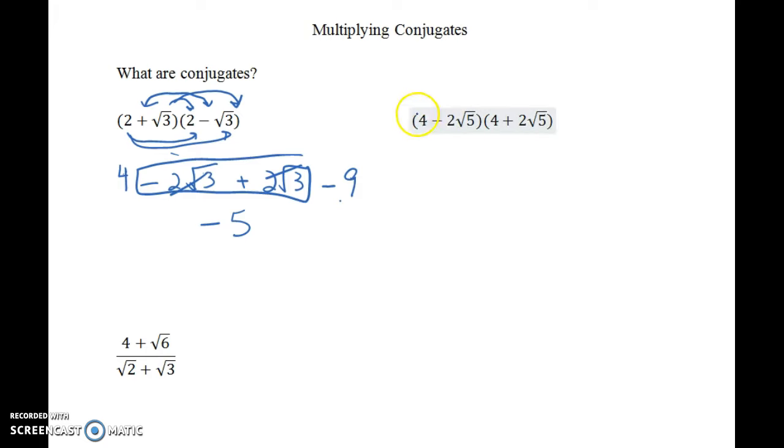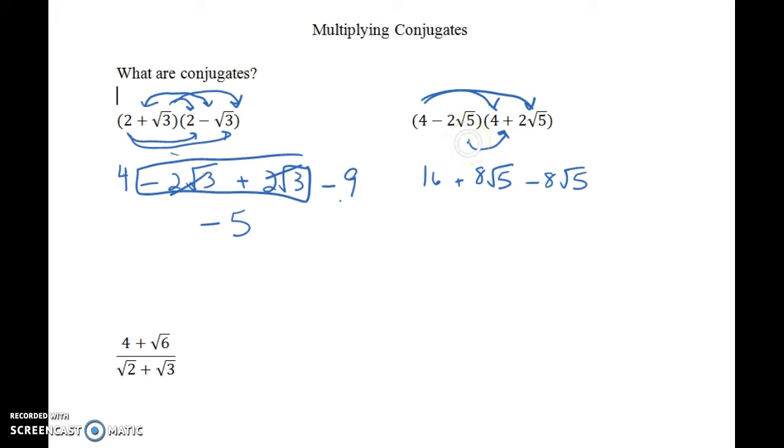If we look at the second example here, we have 4 times 4, 16. Foiling again. 4 times 2 times the square root of 5, which is positive 8 root 5. Then we look at negative 2 root 5 times 4, which is negative 8 root 5.